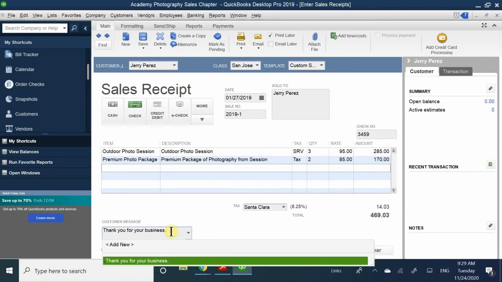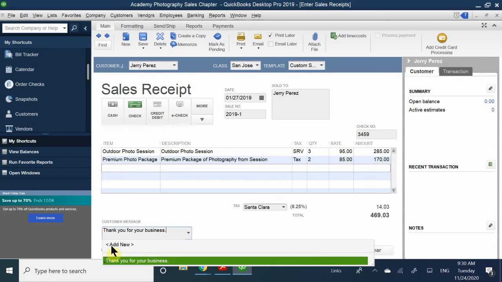So if I want to say, have a nice day, or thank you, or come back again, or things like that, you can create the message however you like. You can add it right here, as you can see, add new. And how you can edit that, again, if you read the book, you can edit that by going to list and going to your customers and changing the customer message.